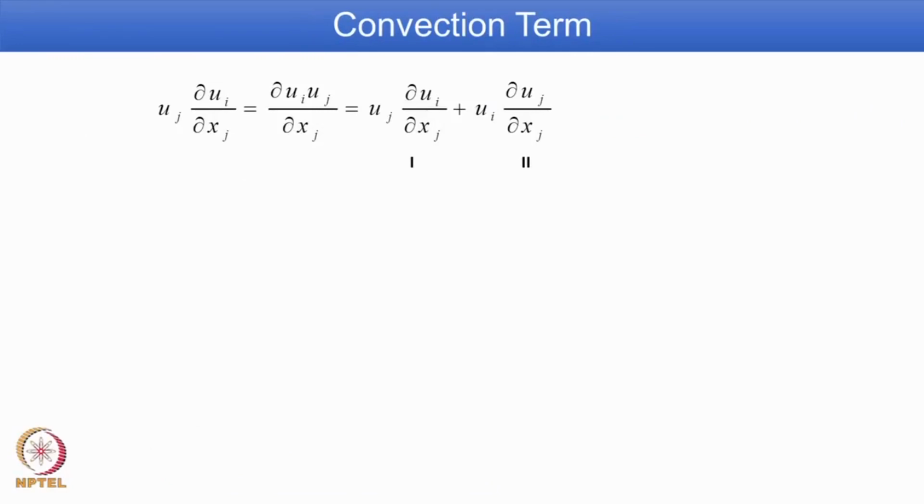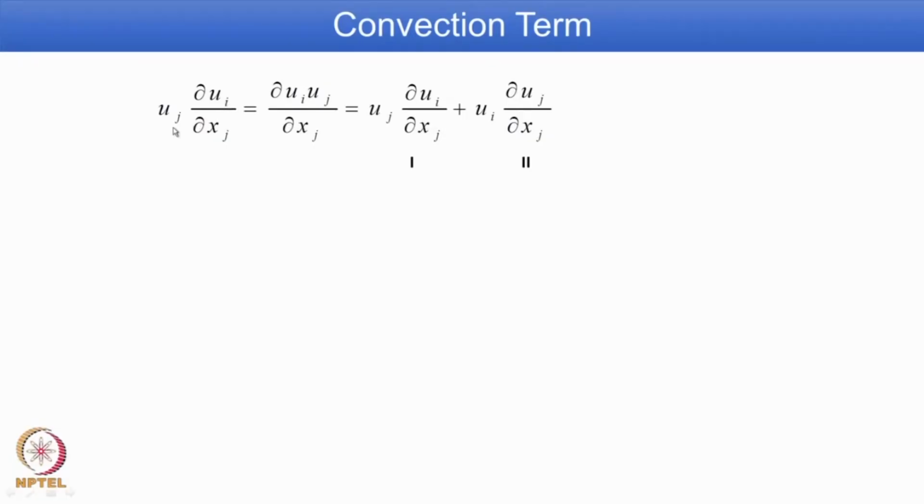In the last slide, when we applied the decomposition to the convection term, we ended up getting a term called Reynolds stresses. I did not explain the convection term in detail. In this slide, we will look into the convection term alone in detail.